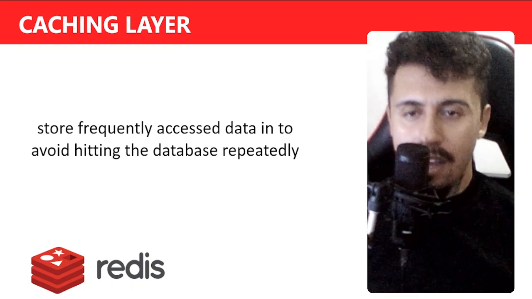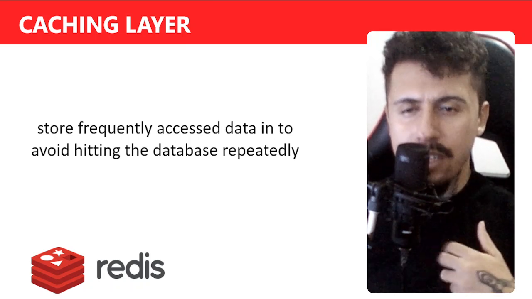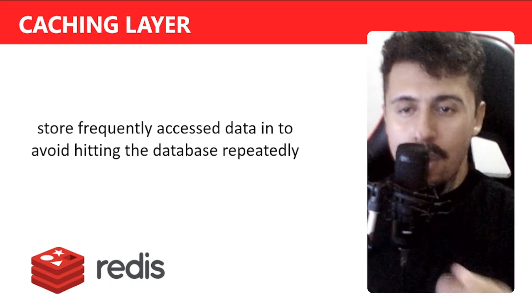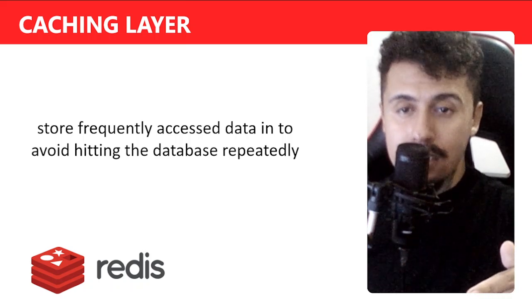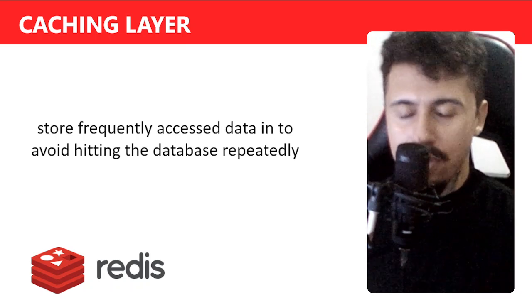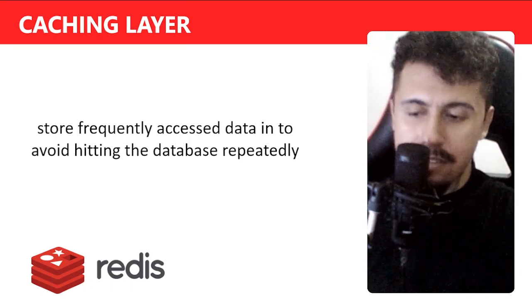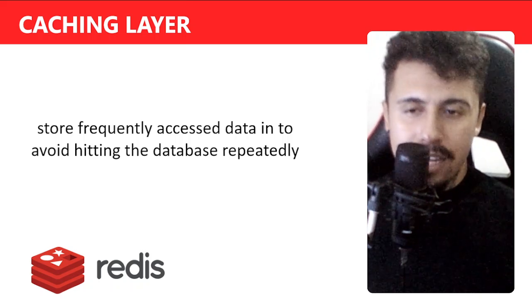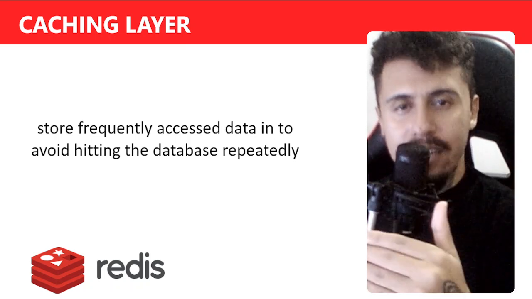I think I made a mistake writing this sentence here, but we store frequently accessed data to avoid hitting the database repeatedly. So instead of accessing the database every time we need that data, we can access the caching layer.